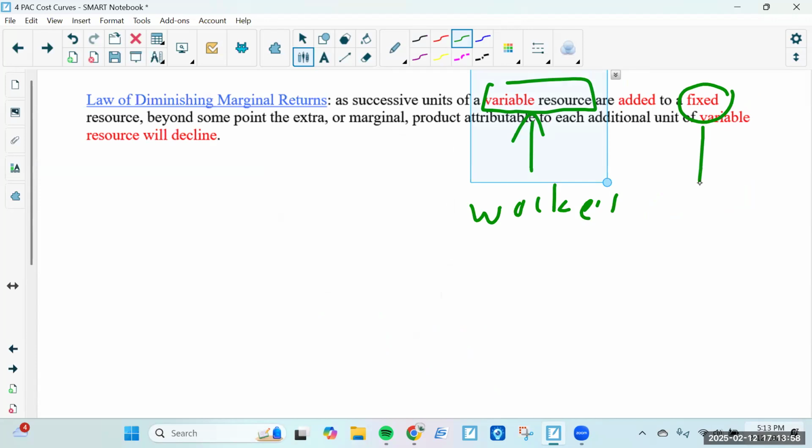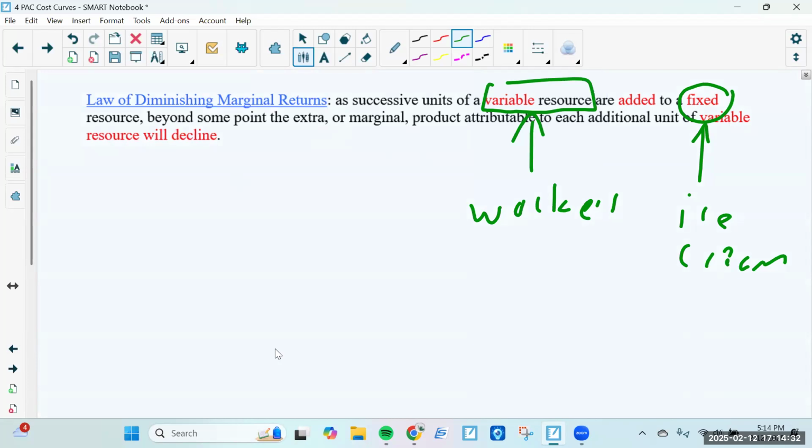And the fixed resource I'm talking about is the ice cream place, right? And as you add a variable resource to a fixed resource, beyond some point, in this case it was after the first worker, but it might be after the third worker, the fourth worker, the 10th worker, we don't know. But at some point, you're going to get what we call diminishing marginal returns. In other words, the additional output is going to decline. It's called the law of diminishing marginal returns, a huge concept in economics.